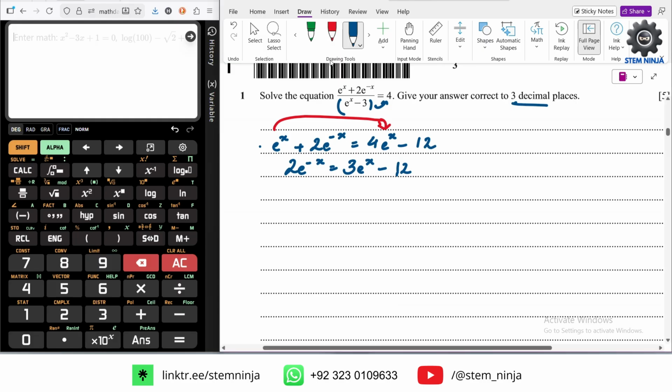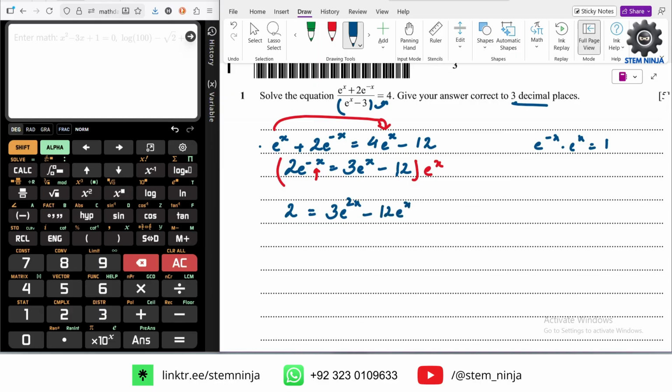So what we need is to get rid of this negative x, so we can multiply both sides by e^x. So what this will do is it will get rid of this minus. So e^(-x) times e^x would just be 1. So 2 is equal to 3e^(2x) - 12e^x.